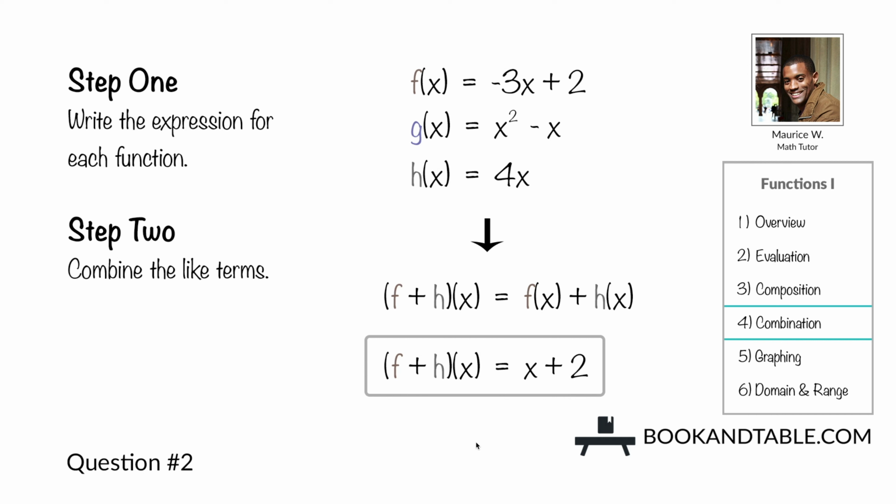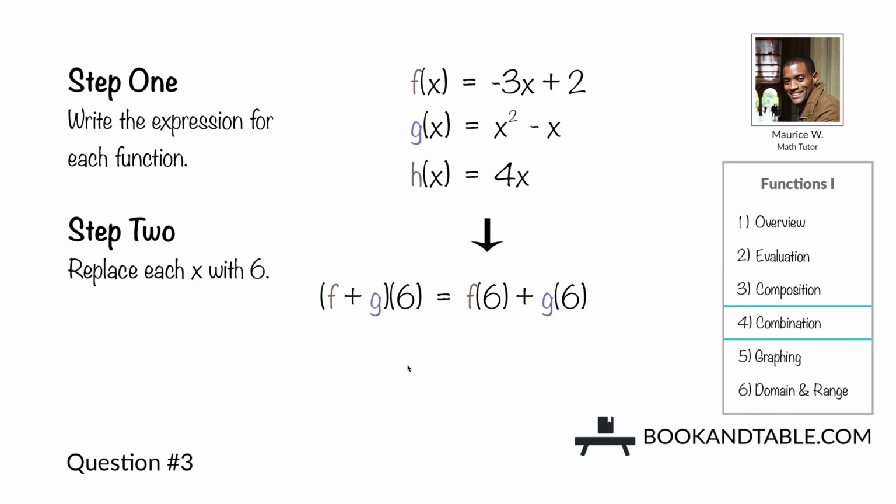Let's now have a look at question number 3. We're asked to find f plus g of 6. So we want to combine f of 6 plus g of 6. So step 1, write out the expression for each function, f and g. That gives us negative 3x plus 2 plus x squared minus x. And now we want to replace each x with 6. And once we do that, we get negative 3 times 6 plus 2 plus 6 squared minus 6.